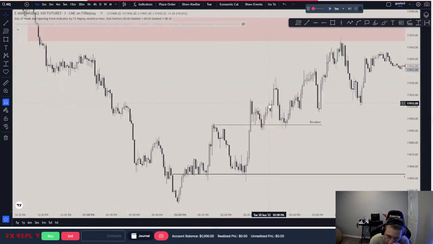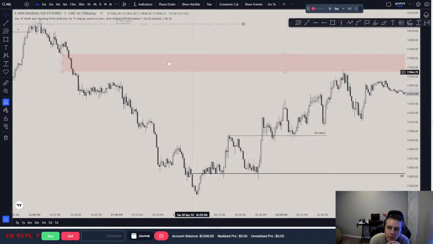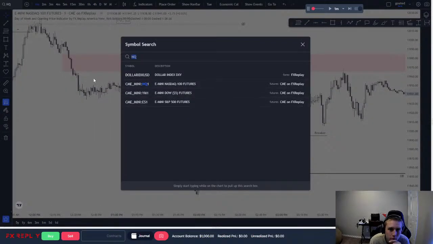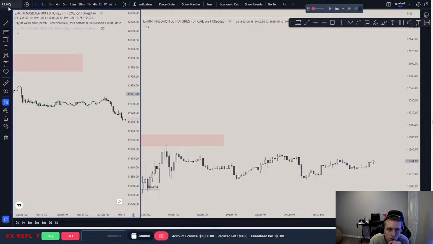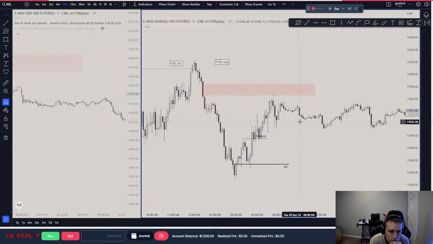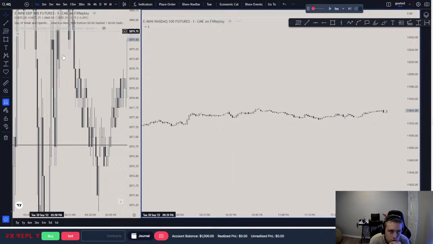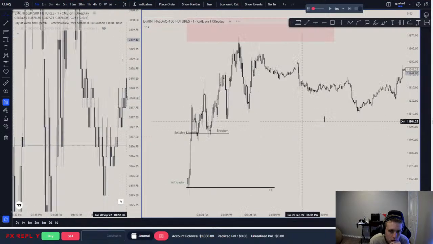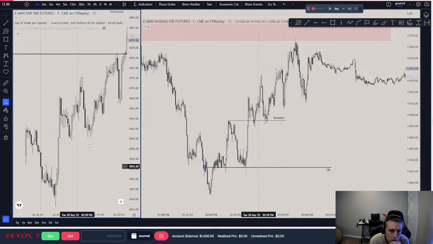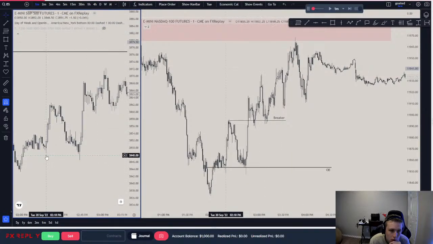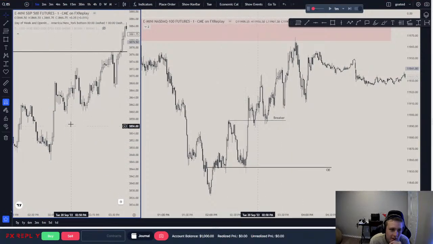Breaker. I want to look at ES. Do we have any respective? I'll pull it up over here because we're on the 1 minute chart. Oh, wait, never mind.